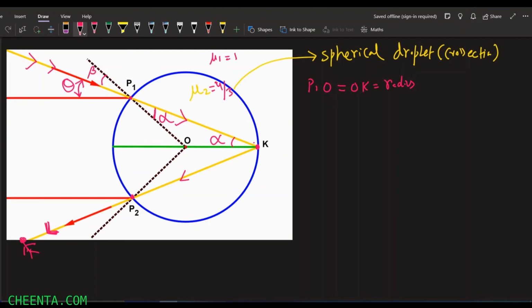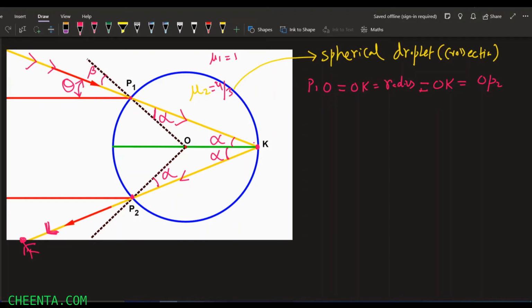From the law of reflection I can say that this angle is also alpha. I hope it is clear. And if this angle is alpha, because these two are radii, this one will also be alpha. Why? Because OK equals OP2 is also the radius. So these four angles are all alpha. I hope it is clear.